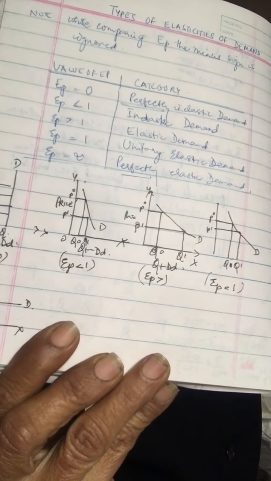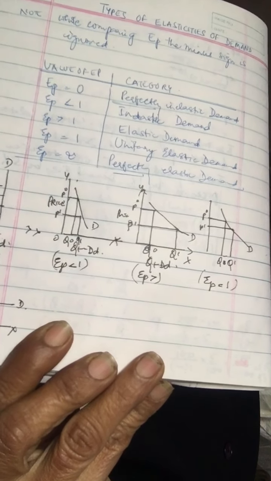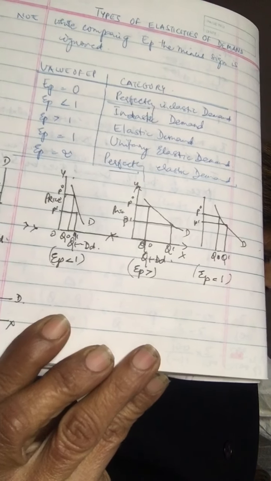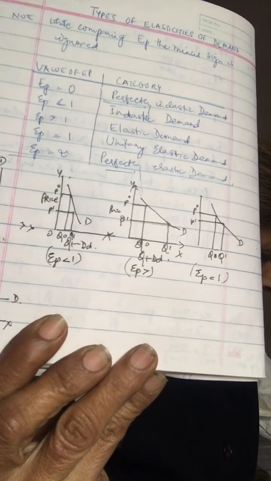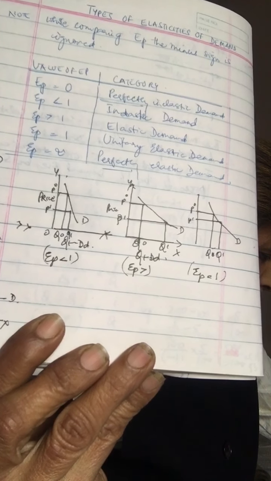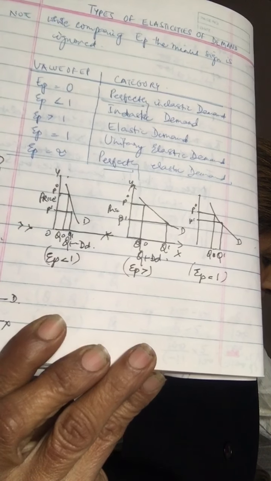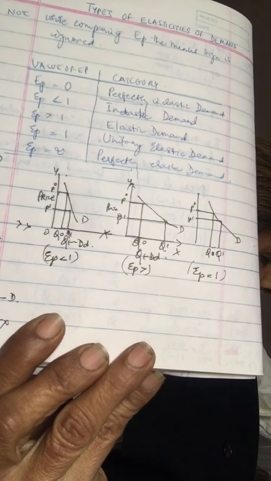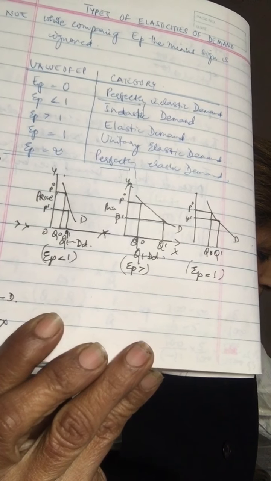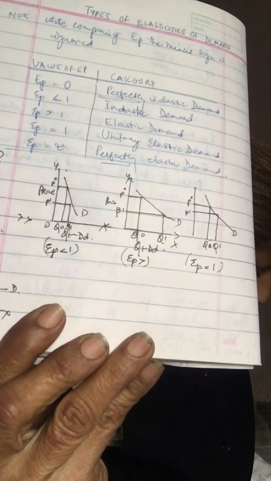It needs to be noted that each rectangular area under the demand curve shows total expenditure on the commodity. So total expenditure is P into Q. Thus, when the demand curve is a rectangular hyperbola, total expenditure on the commodity remains constant no matter whether the price of the commodity increases or decreases. So Marshall treats this as a situation of unitary elastic demand. That is how this is illustrated.